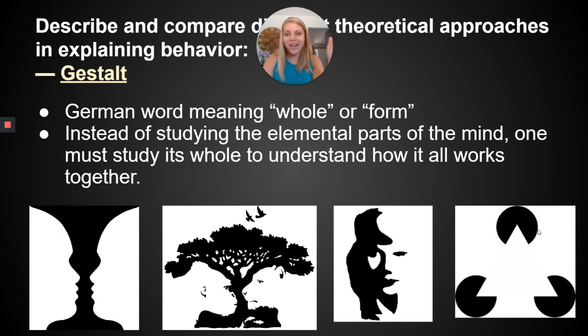I see a triangle that doesn't exist, and my brain is filling that information in for me. This is a thing called closure. In Gestalt psychology, we talk about how it can't just be these little elemental parts. It's got to be the whole that we're going to study. That's going to come back up again in Unit 5, Sensation and Perception.